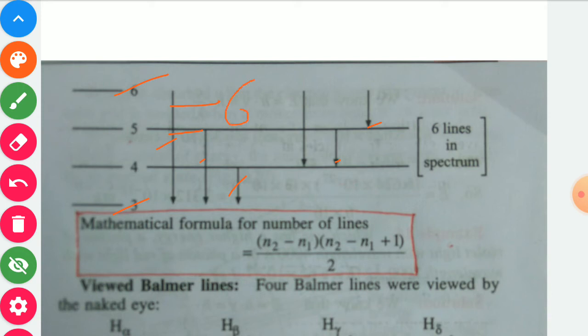minus the n1 value 3 in one bracket, and in the next bracket n2 minus n1 plus 1, that is 6 minus 3 plus 1, upon 2.